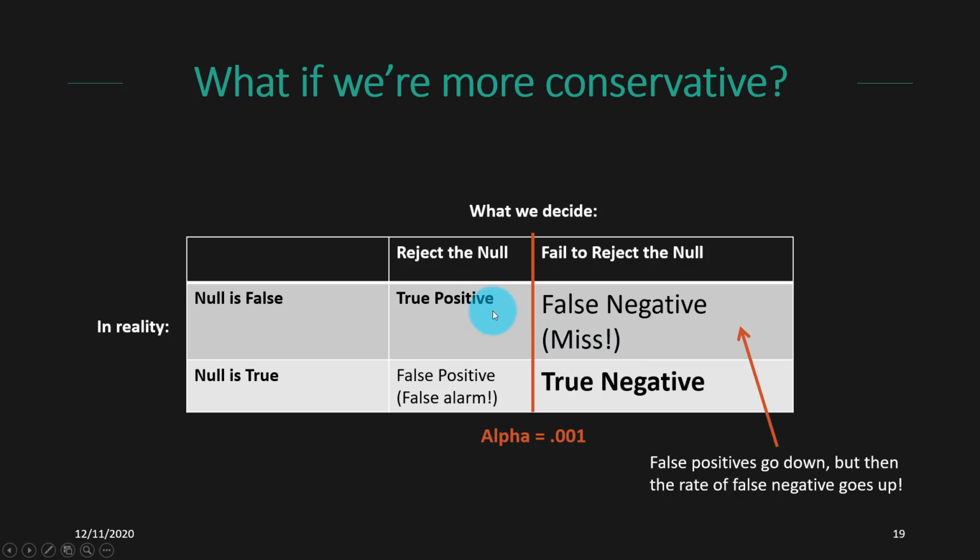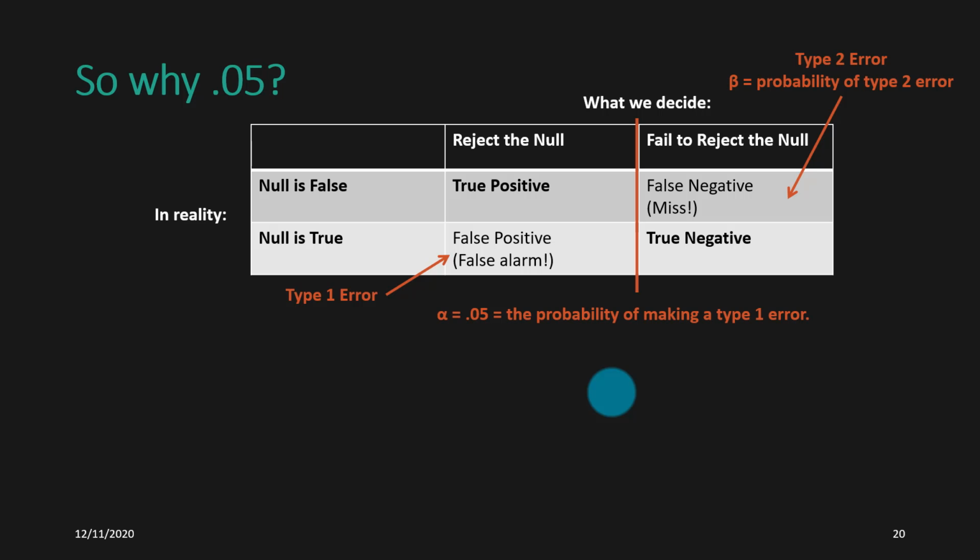Because we're setting a higher bar for what we think is statistically interesting, we might miss out on some effects that are actually there. Because as these false positives go down, the rate of false negatives necessarily goes up because these two things are interrelated.